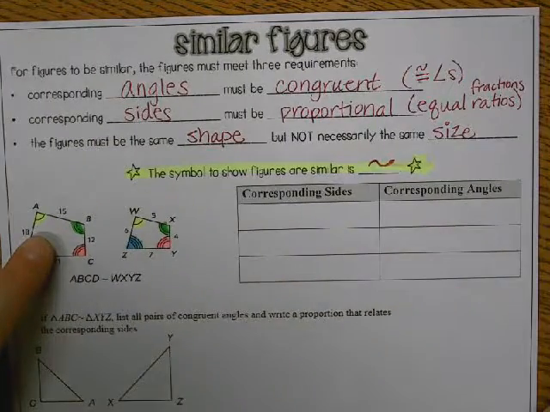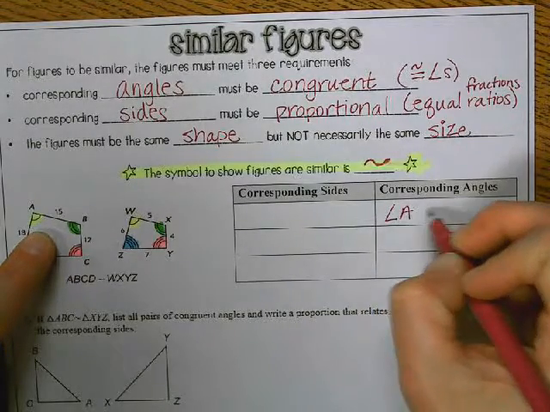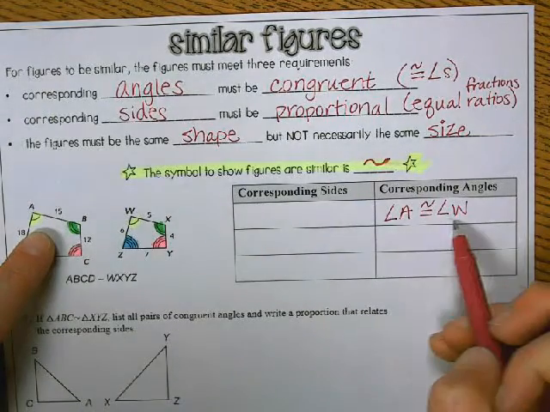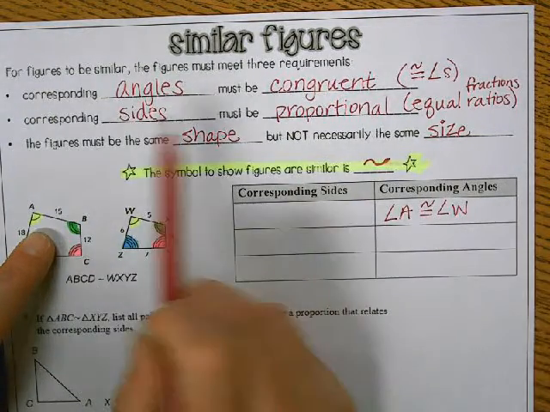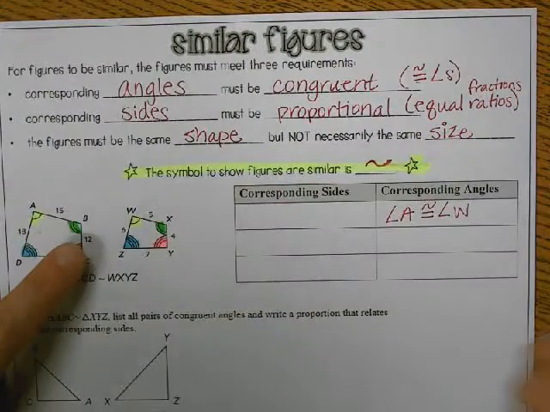Angles are easy, so let's talk about corresponding angles. We'll say that angle A is congruent to angle W. They're corresponding and they're congruent because corresponding angles must be congruent. That was the rule.